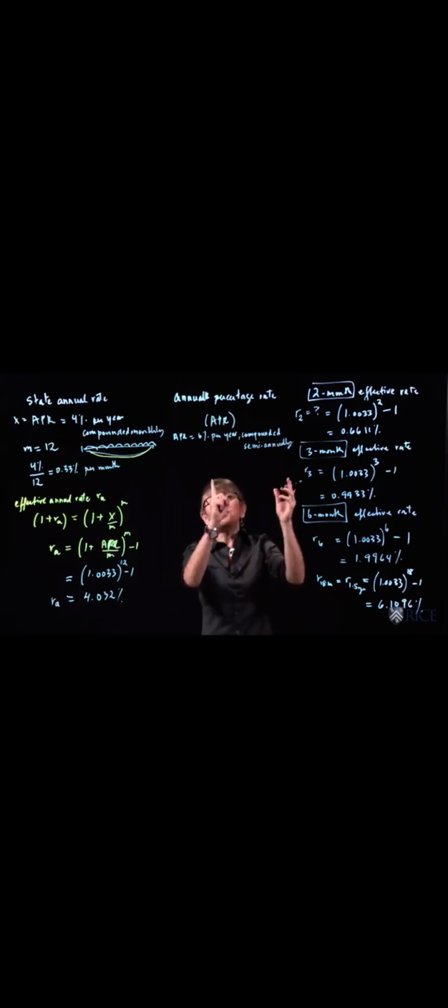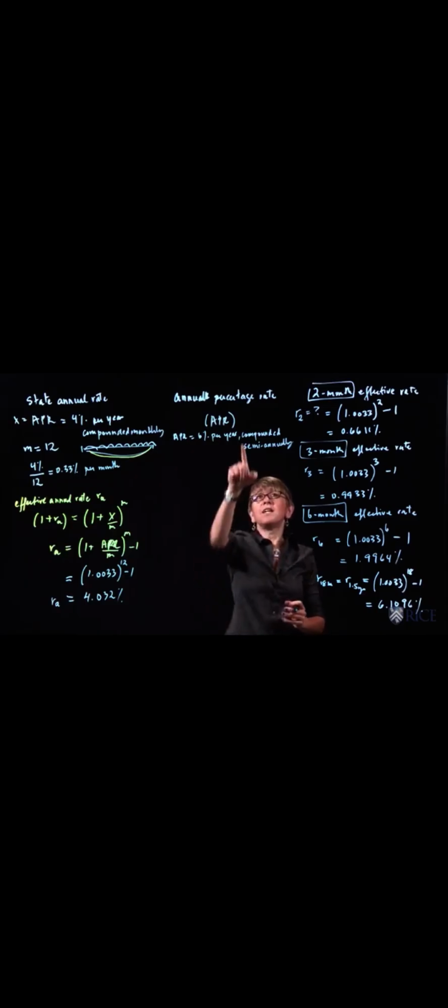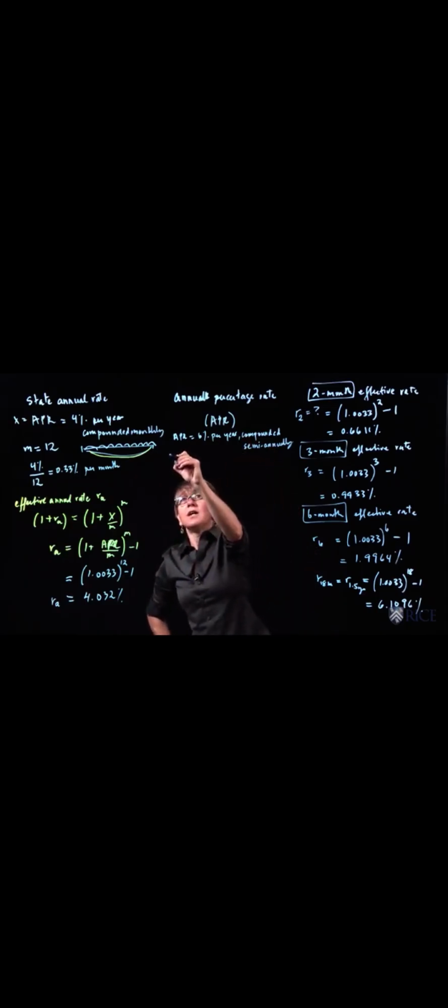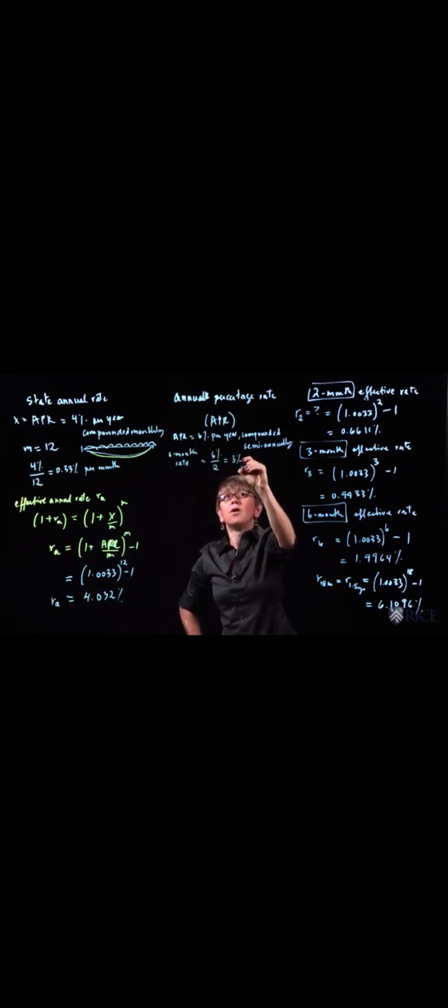So what is the per period rate? It's being compounded every 6 months, so the 6-month rate is simply 6% divided by 2, or 3%.